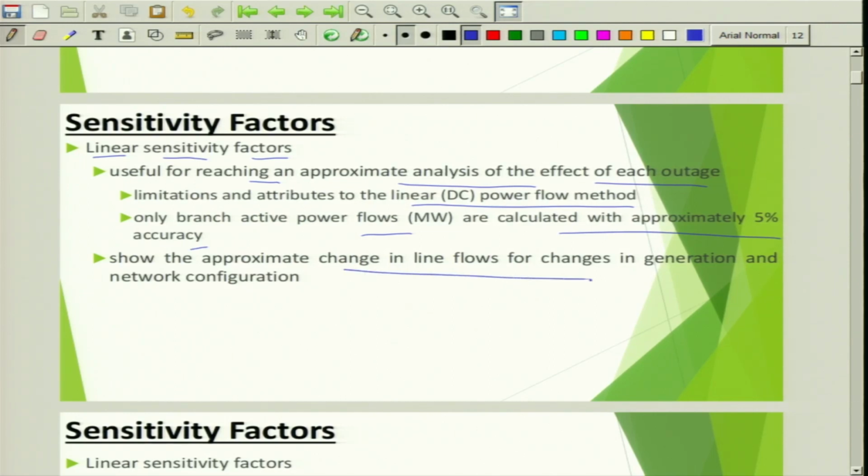Approximate change in line flows for changes in generation and network configuration. Network configuration means there could be one line coming up or one line being taken out, line outages, or generator power change. With respect to any one of these, what is the change in the system parameters, angle and voltage, that is what we are going to study, right?